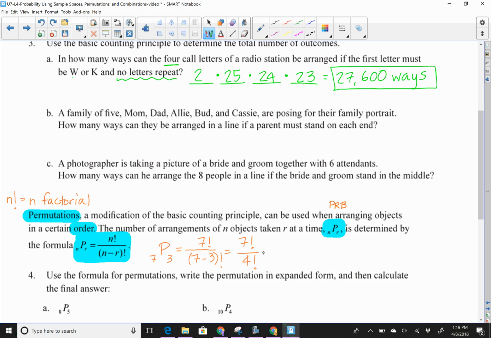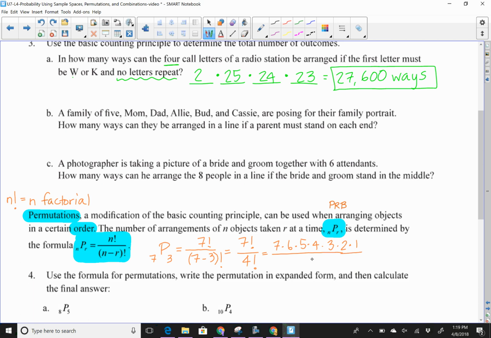Now, if you don't know what factorial means, listen closely, because that little exclamation point tells you to take all the numbers starting at 7 and work your way down to 1 and multiply them. So it's 7 times 6 times 5 times 4 times 3 times 2 times 1.